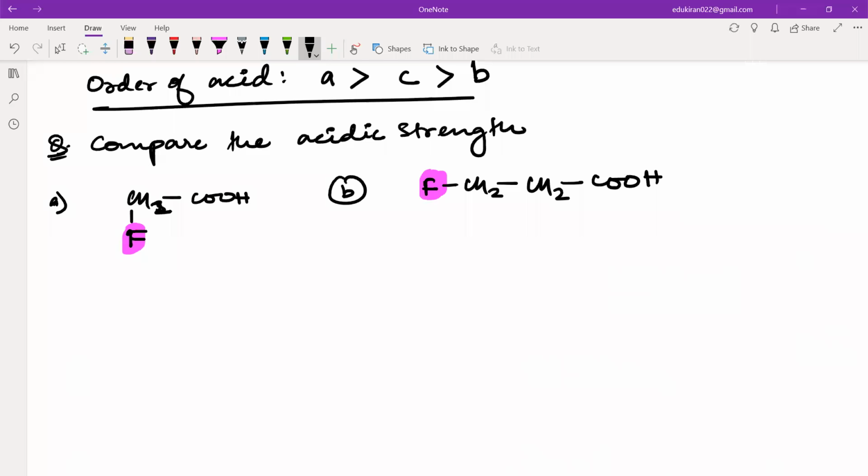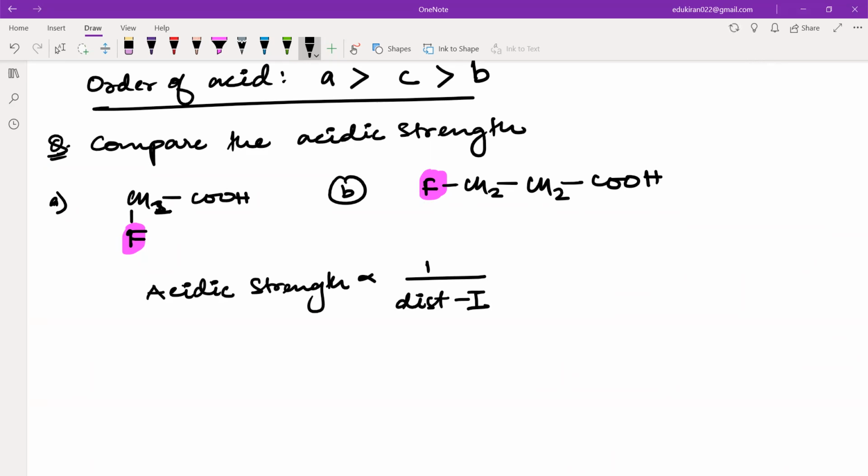So I can say that acidic strength is inversely proportional to the distance of minus I group, right? Distance of minus I group.